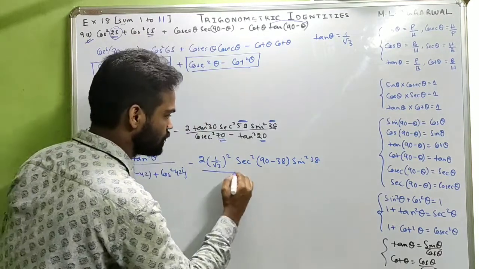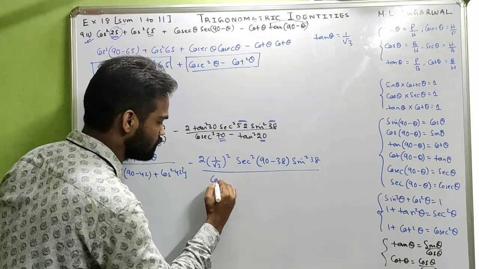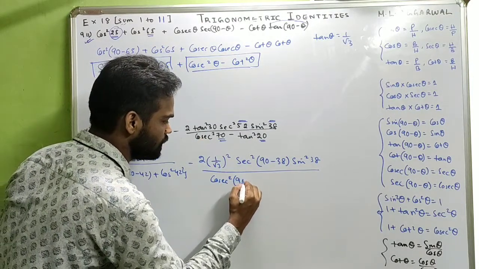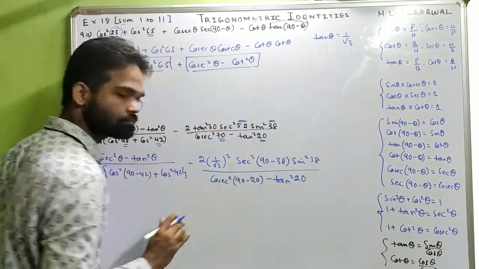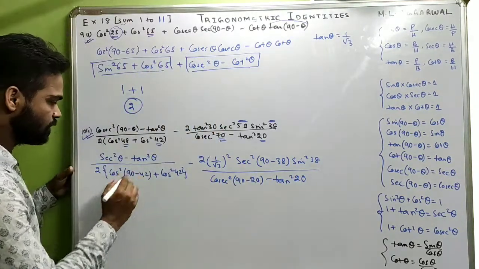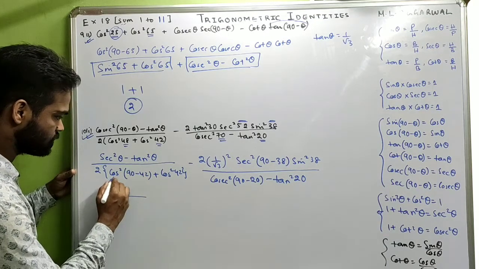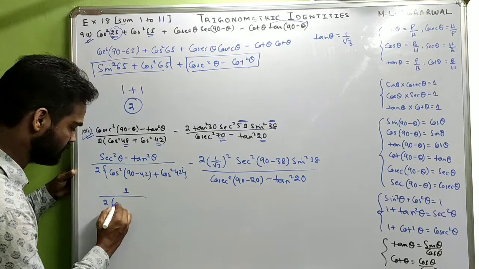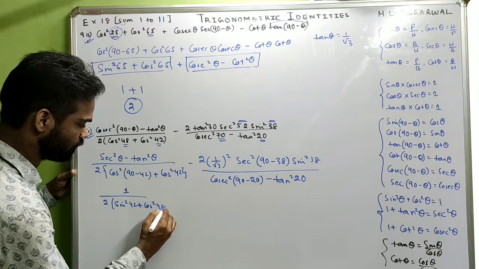Just look carefully. In the denominator you can write cosec square 90 minus 20 minus tan square 20. Now look, sec square theta minus tan square theta is 1 by 2. And cos 90 minus theta is sin theta, so sin square 42 plus cos square 42.